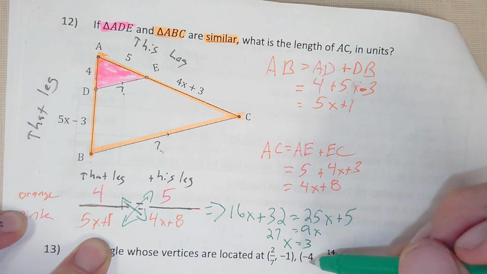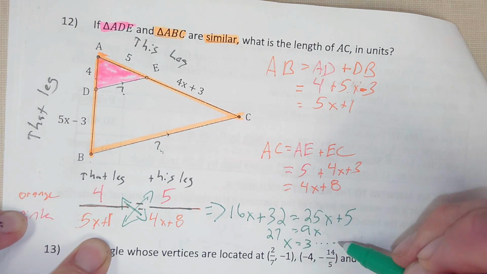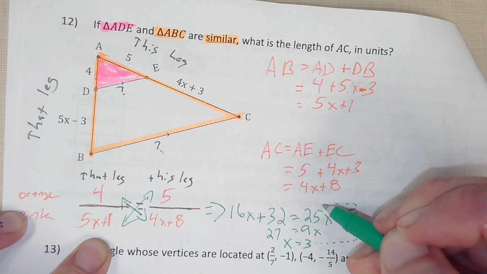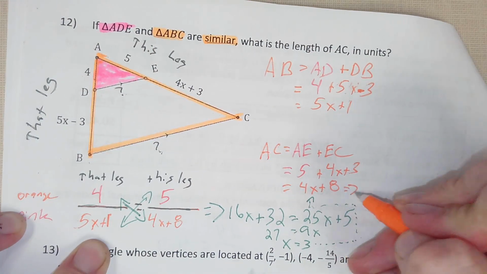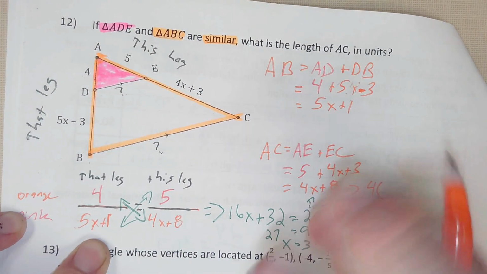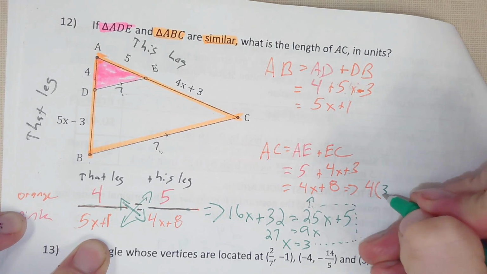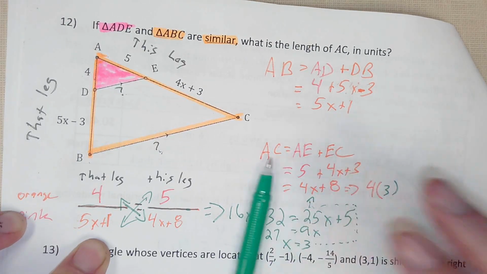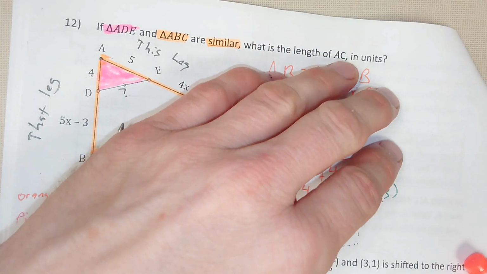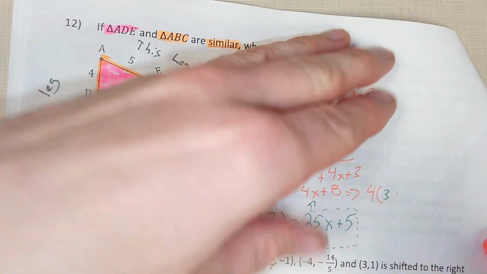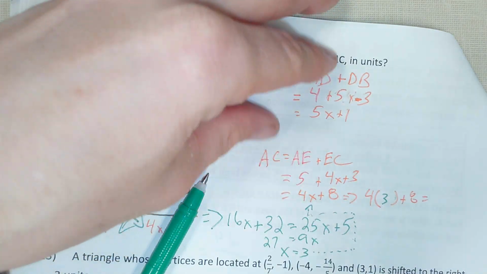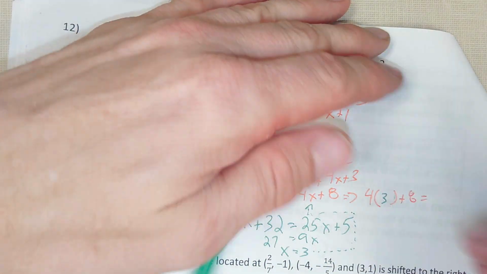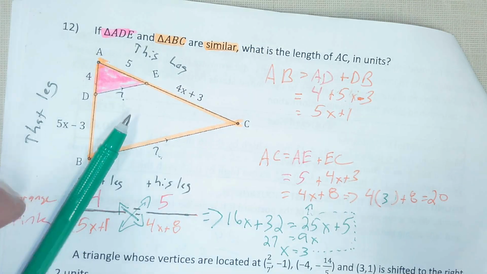Now that I have x equals 3, I can plug that in here. So 4 times 3 plus 8 equals 20.